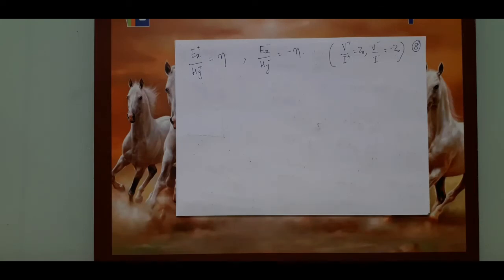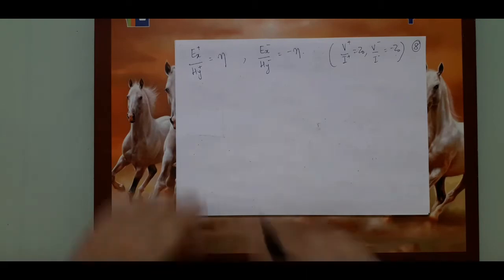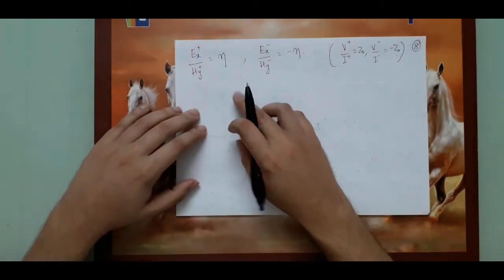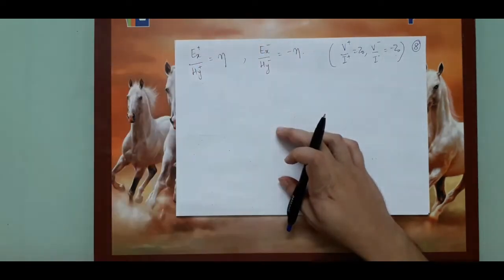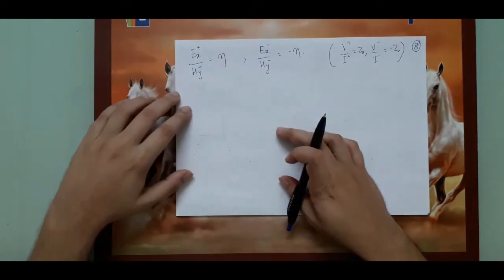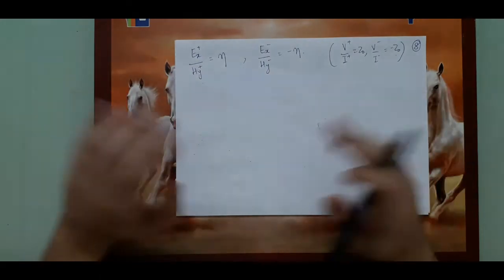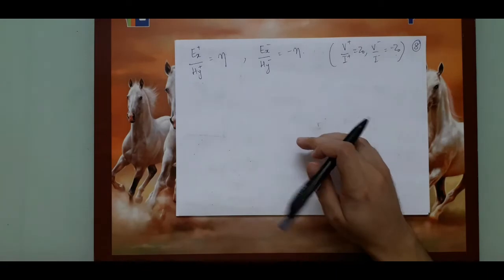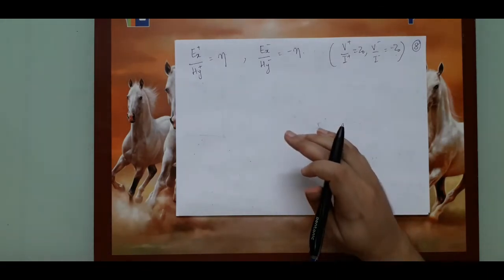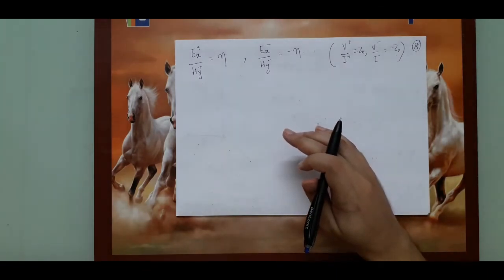Since what we see is that the relation between the field components is governed by the intrinsic impedance, this solution is valid not just at the origin or at some point, but every point in space and time.